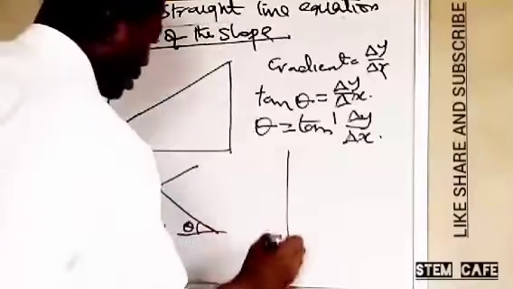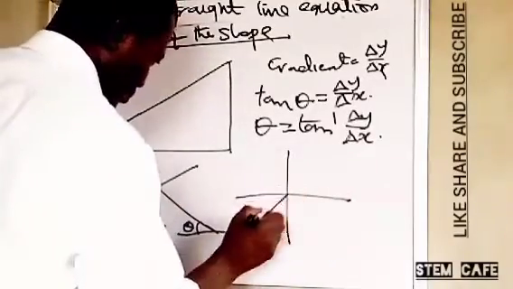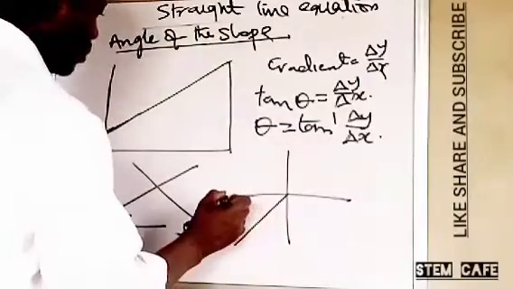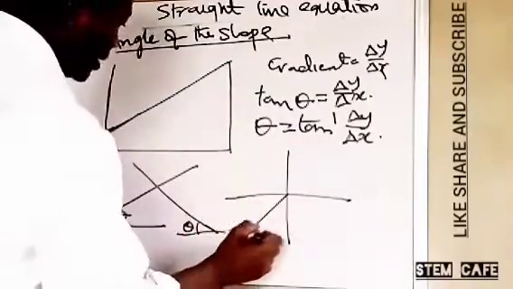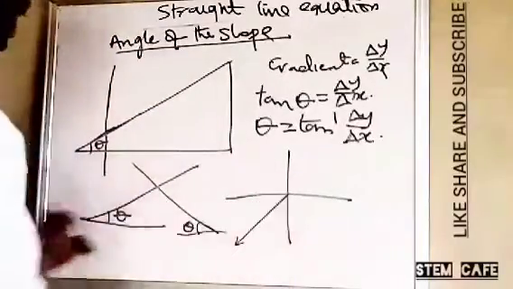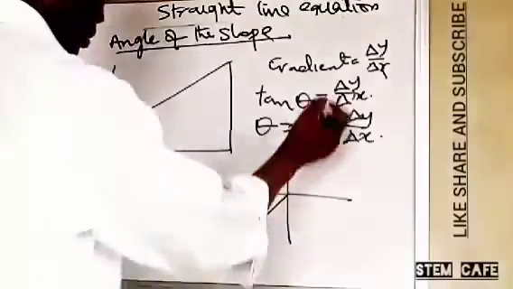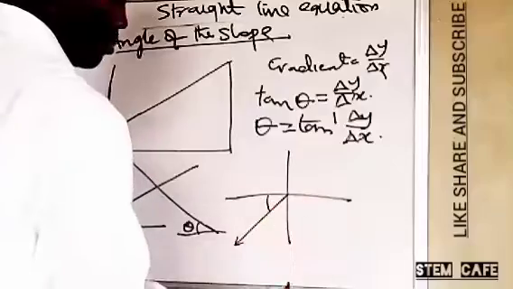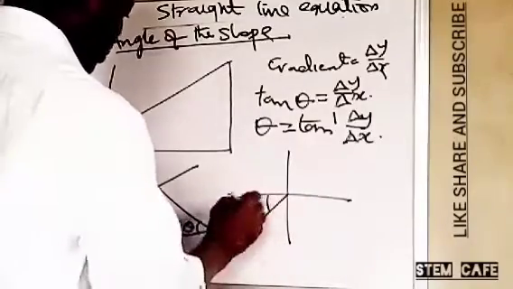Now, if you have it like this, y and x are both changing downward as this one goes leftward, so the gradient is also going to be positive.